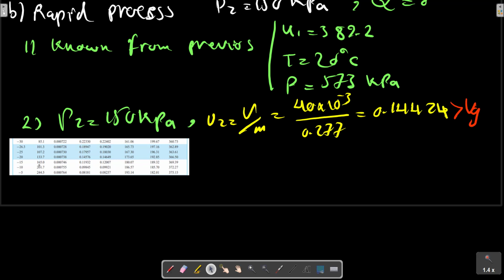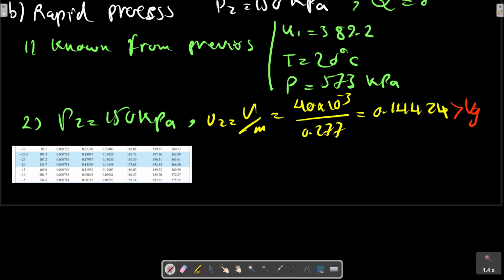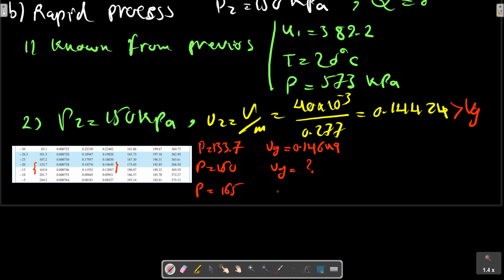We should first calculate Vg at the pressure between two values, and Vg can be calculated from this relation.